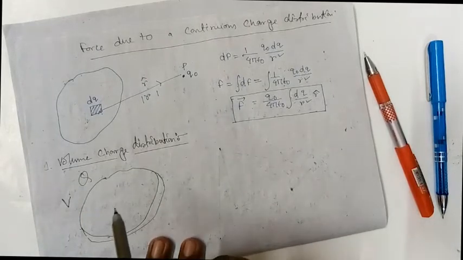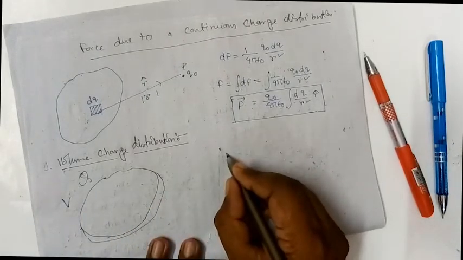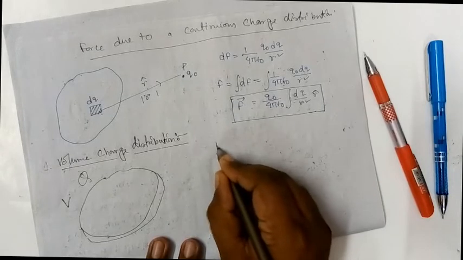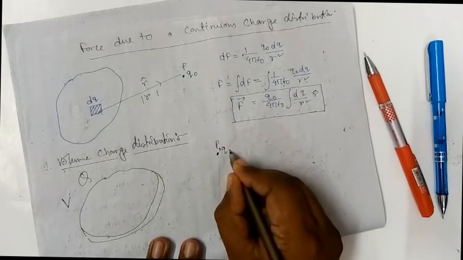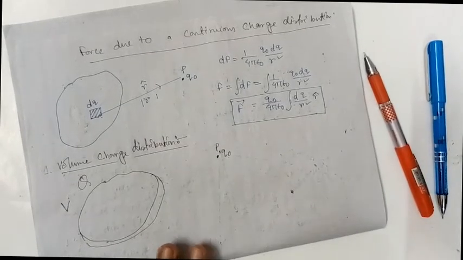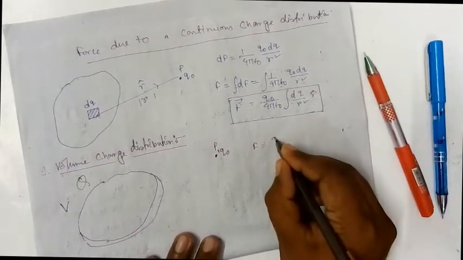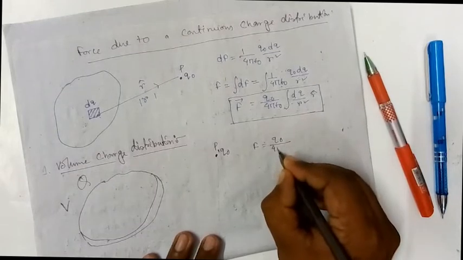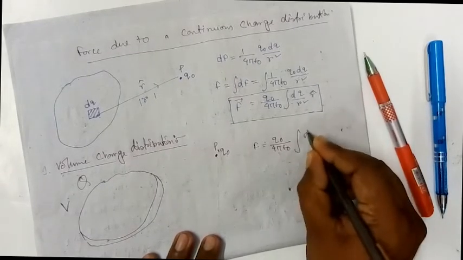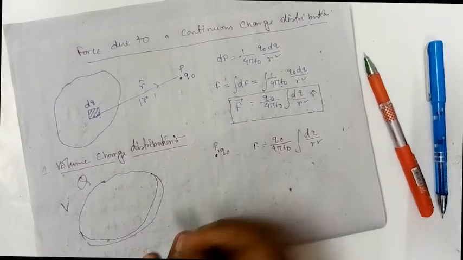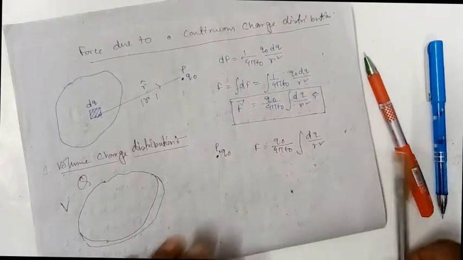We have to find the force at point P if a charge q naught is kept there. We know the equation of force, F equals q naught by 4 pi epsilon naught, integration of dq by r square. Now we have to find dq. How do we find it?